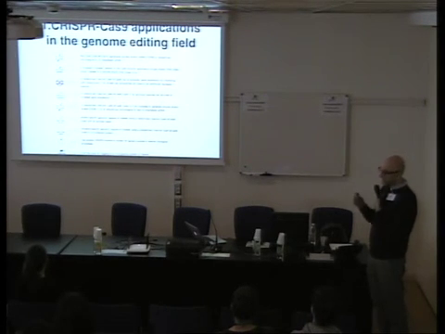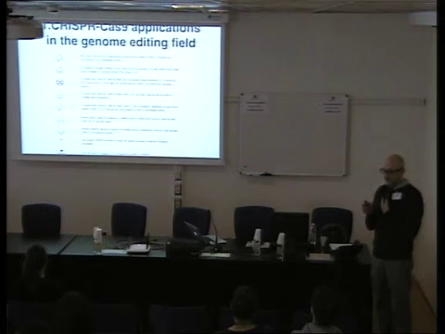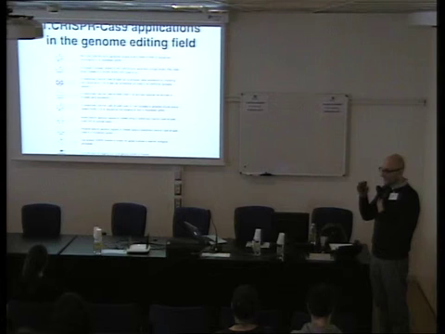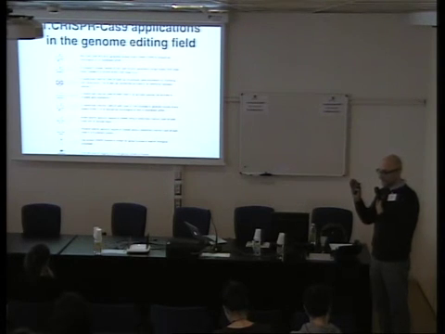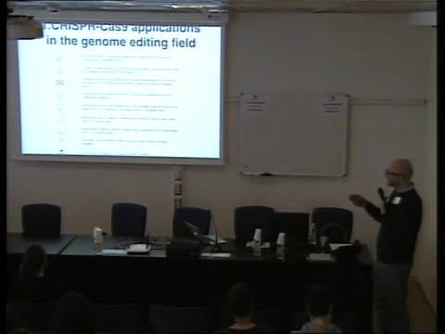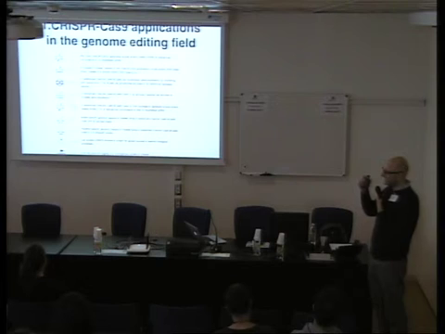The nick does not elicit the non-homologous end joining pathway, so you don't have errors, but you can still have homologous recombination. So you get rid of all the errors generated by non-homologous end joining, and you have an increase in the probability of homologous recombination.